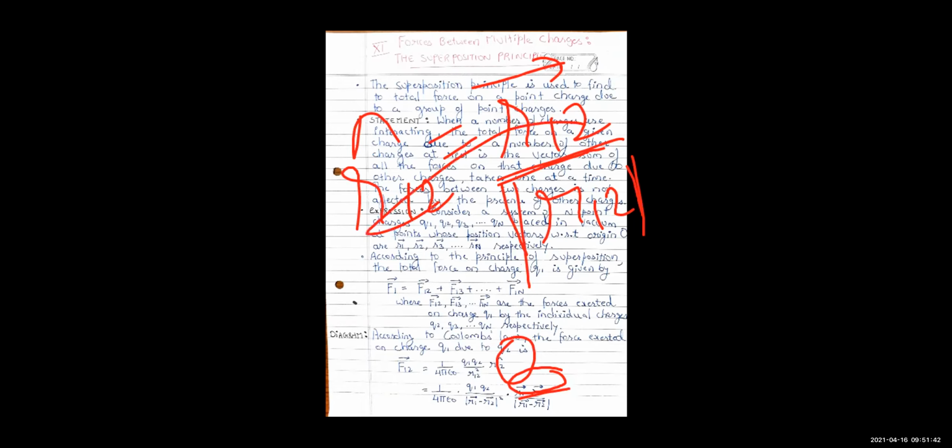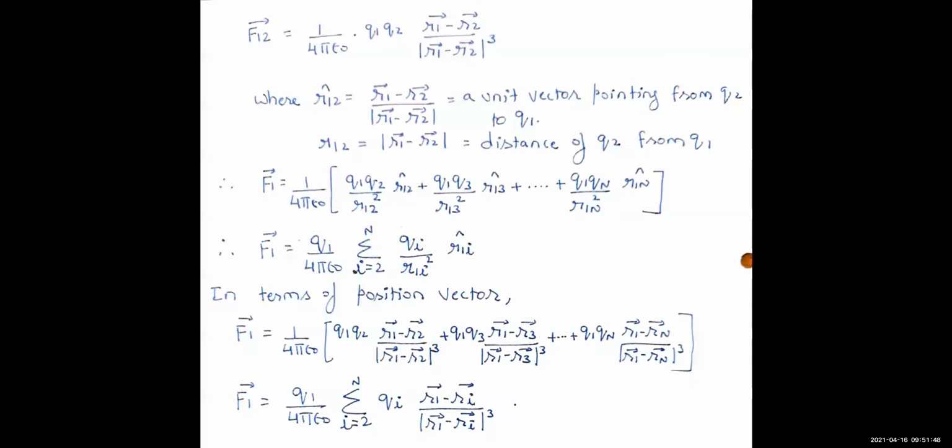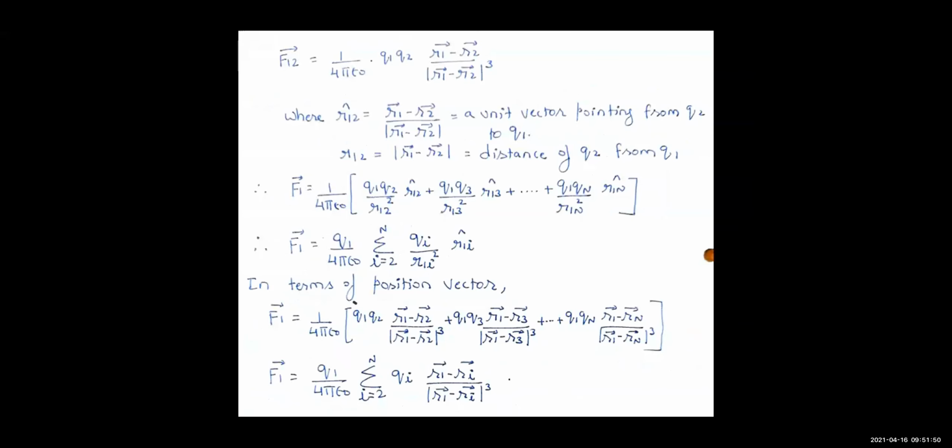So if you turn the slide, you will see that vector F12 is equal to 1 upon 4 pi epsilon naught Q1 Q2 into R1 minus R2 upon the magnitude of R1 minus R2, the whole cube. How did it come?